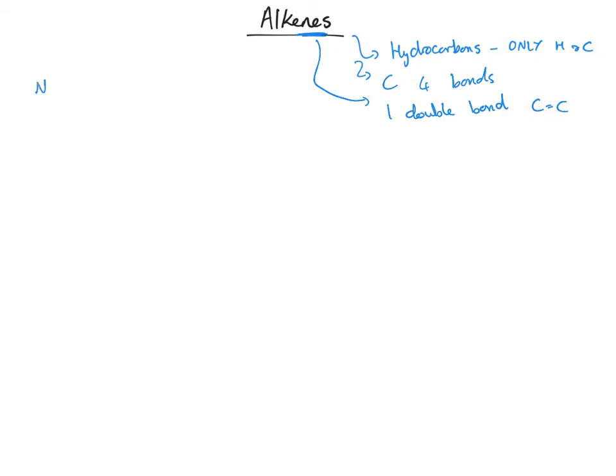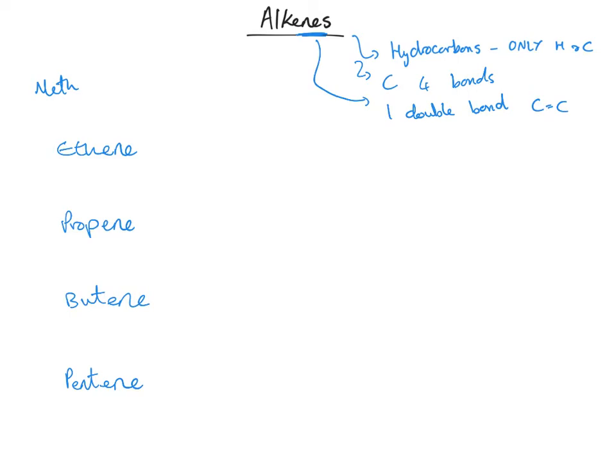So meth means 1, eth means 2, prop means 3, but means 4. I'm going to put another one here. Pent means 5. So let's put the enes on. Ethene, propene, butene, and pentene. They're all part of this alkene family.